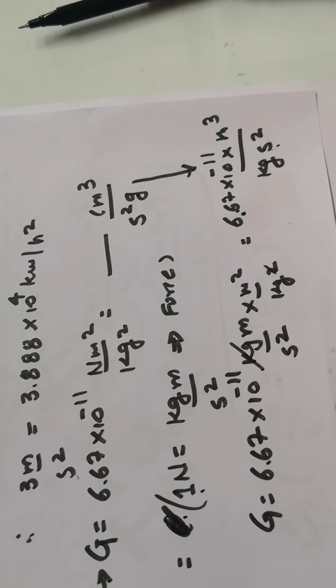So now I am putting all those things here. I have already written it, so I am mentioning it again: 6.67 × 10^-11 meter cube divided by kilogram second square. I want to convert this unit from the higher to the smaller unit, as per what they have asked.